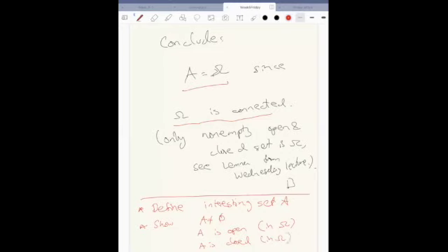And finally, from these, you conclude using connectivity that A is everything. So there are three steps. Set up these checks, and then a conclusion that uses connectivity.